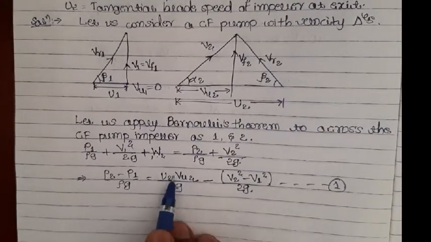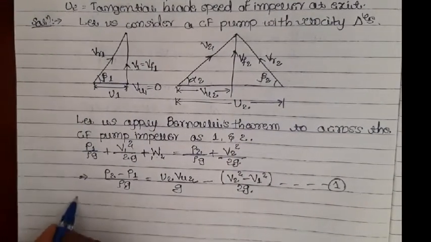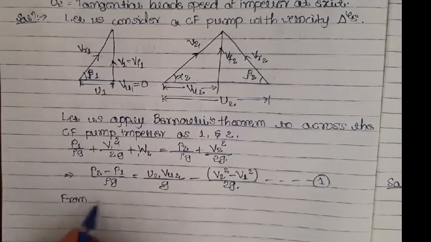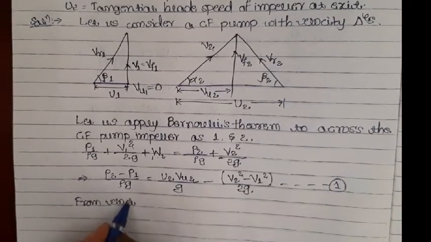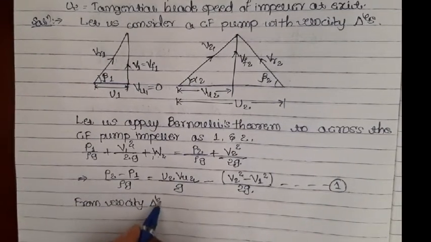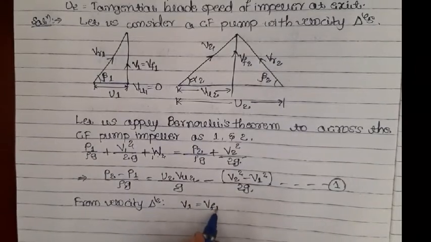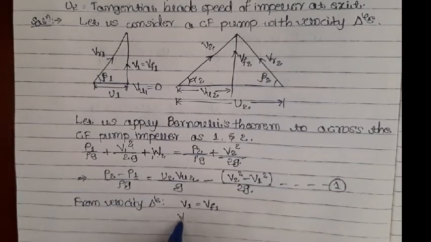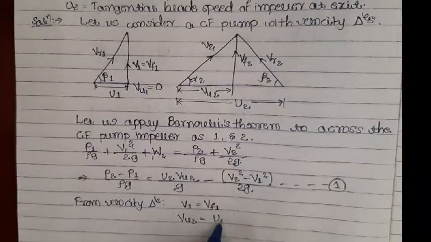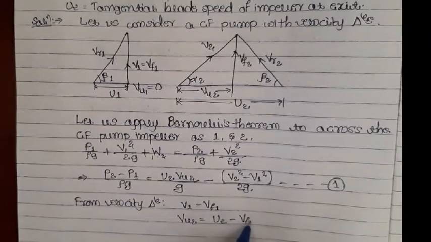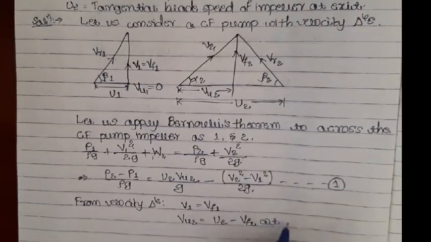Now let us make these two equations ready. From velocity triangles we have certain observations like V1 is equal to Vf1, and also Vu2 is U2 minus Vf2 cot beta 2, right?